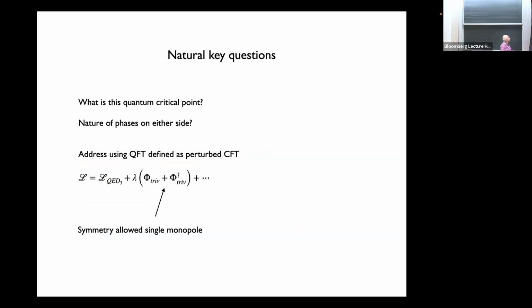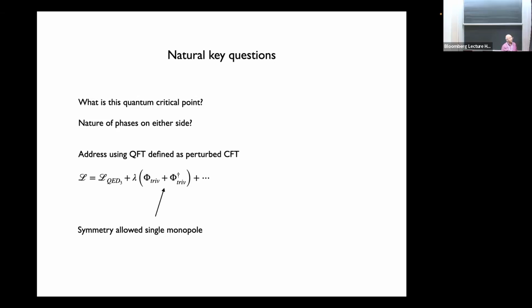What are the phases and so on? The right framework to address these questions is to define a quantum field theory as a deformation of QED3, or the CFT to which QED3 flows, and I deform it by adding a relevant perturbation, which is the only symmetry-allowed single-strength monopole in the theory.